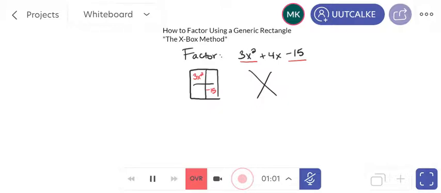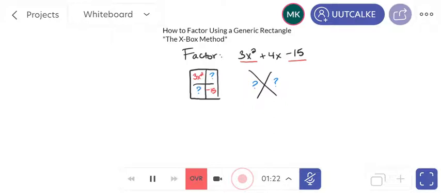Next, what do I know about these remaining values? In order to find them, we're going to set up a diamond problem or an X game, as you may have seen in Delta Math. So what do we know about these values? Two things. One, we know what they're going to multiply to.